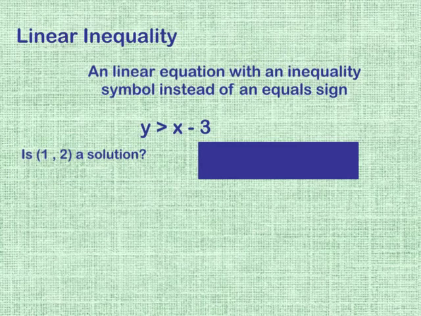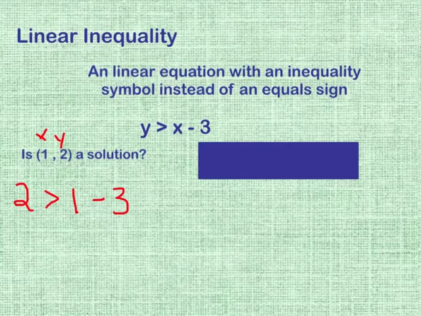As we go through the problems, we will have times when we say, okay, is 1, 2, that ordered pair, a solution? In order to check this, remember ordered pairs are always written as x, y. So we're going to plug those numbers in and see if they work. Is 2, in fact, greater than 1 minus 3?